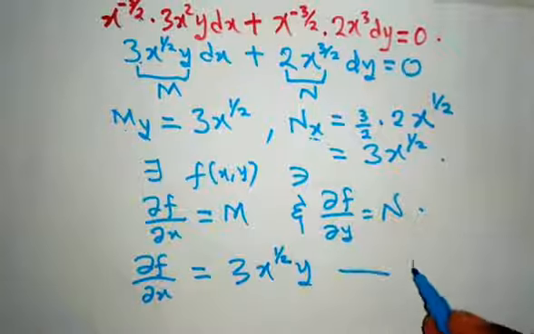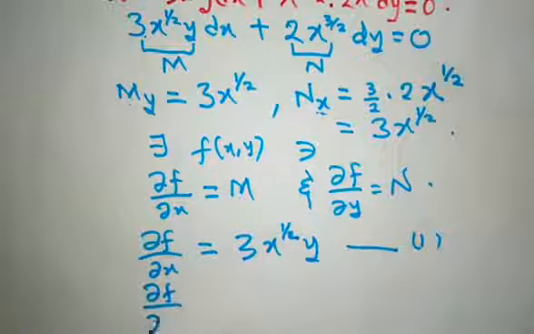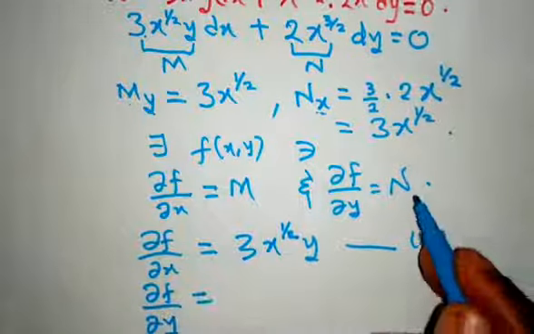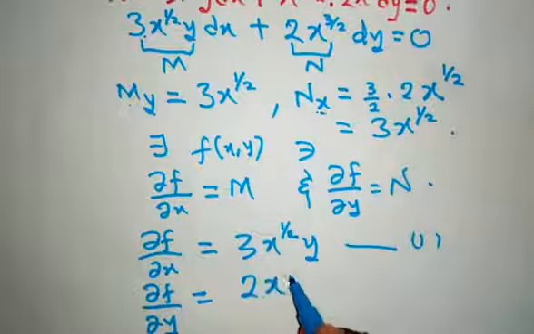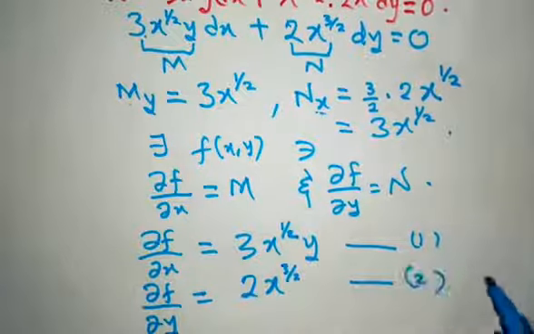We call that equation 1. And partial f partial y equals N, which is 2x to the power of 3 over 2. Let's call that equation 2.